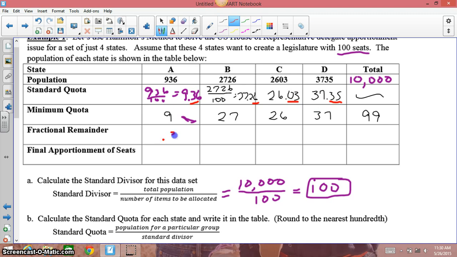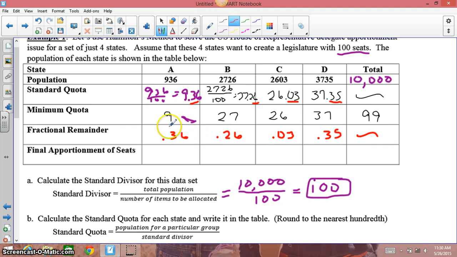For State A, it would be 0.36, State B, 0.26, State C, 0.03, and State D, 0.35. And again, this is another case where the total column doesn't have any bearing. Then, like I said, according to Hamilton's method, looking at this row now, whichever number is the highest is where that extra seat goes.